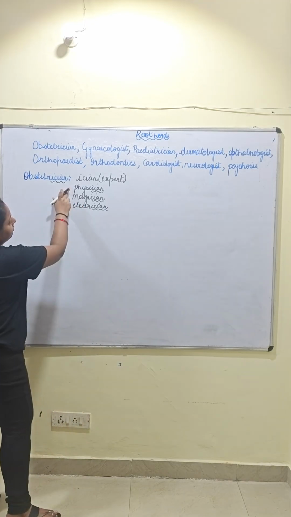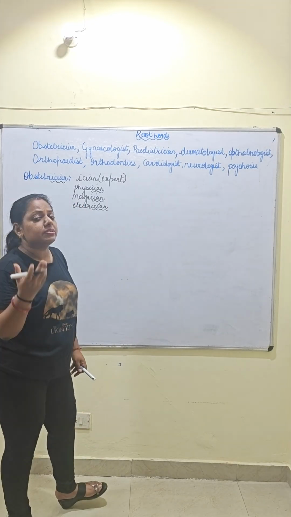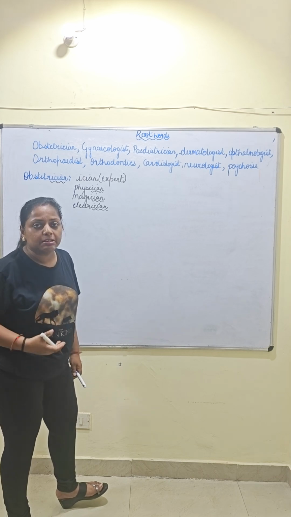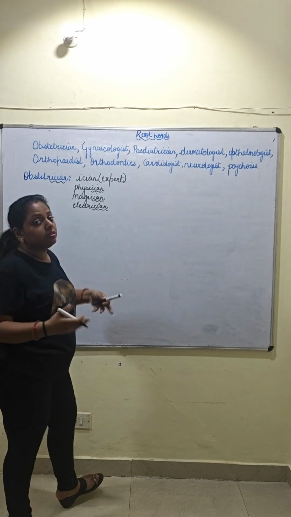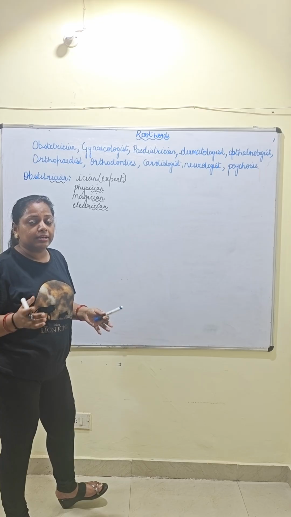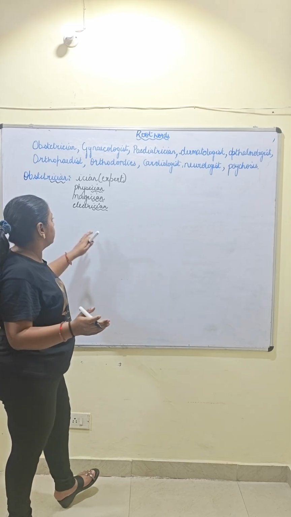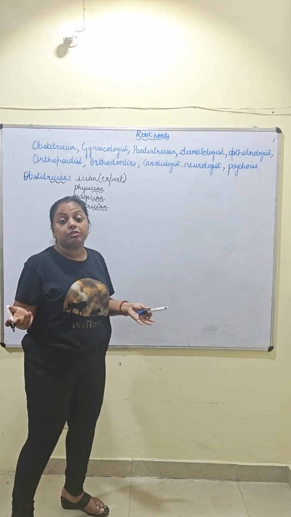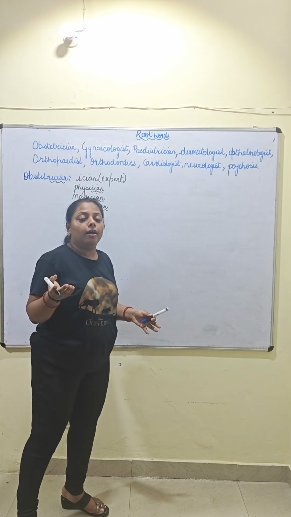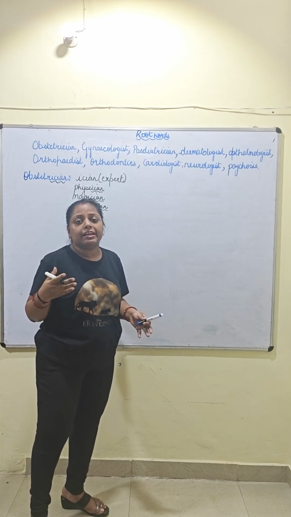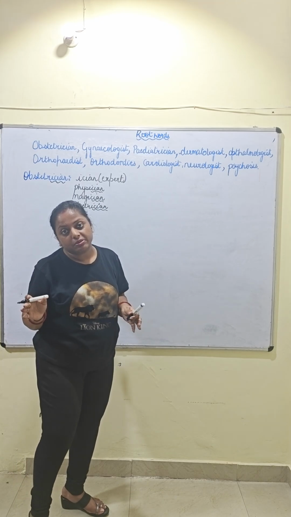Like physician is a doctor who looks if there is any physical ailment in your body. Magician is someone who does magic tricks. He's an expert in doing magic tricks. Electrician is a person who does all the electric chores. He's very good with electricity.